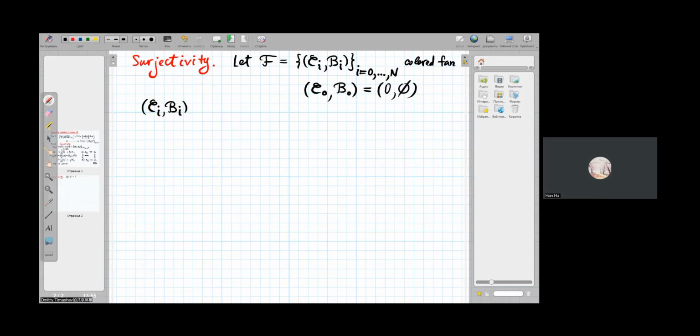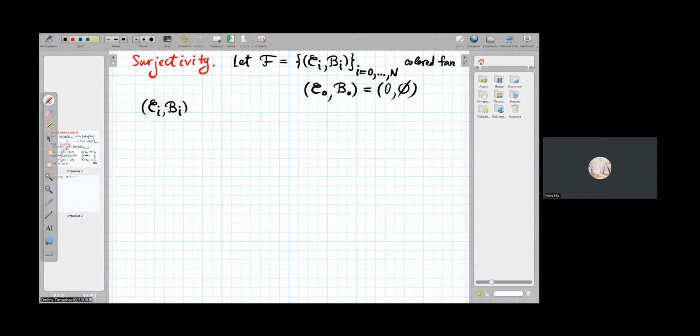If you take any colored cone, you can take the smallest colored face it contains. It is just the apex, that is the zero vector, the cone consisting just of zero and the empty set of colors. Such a smallest face is contained in any colored cone.